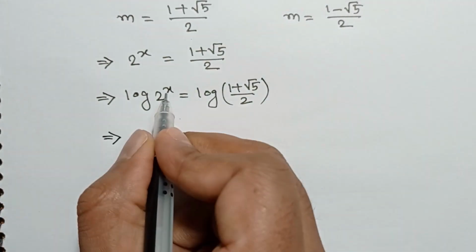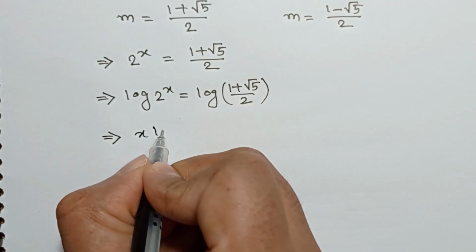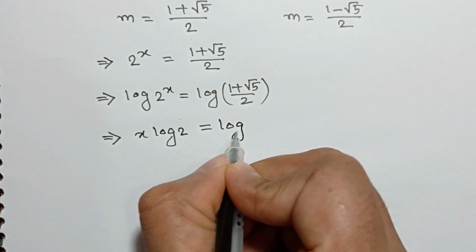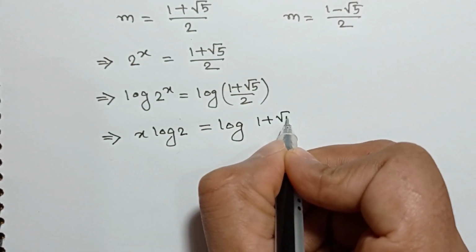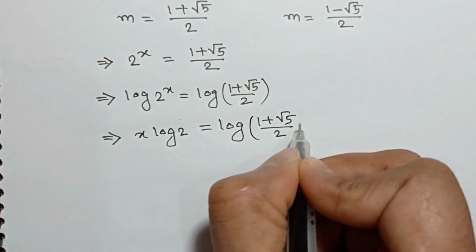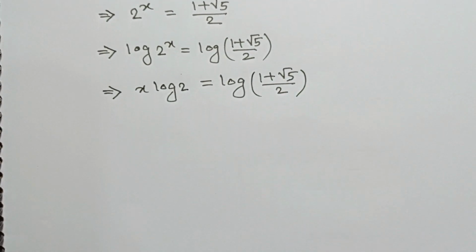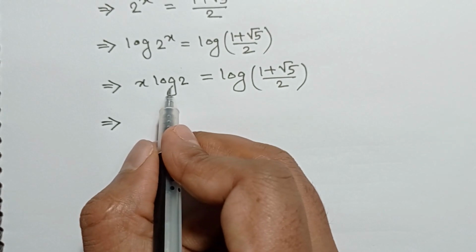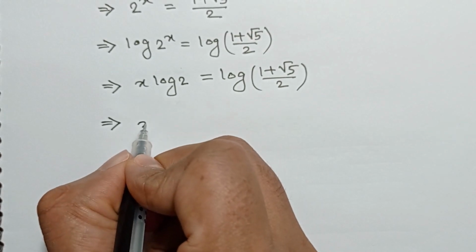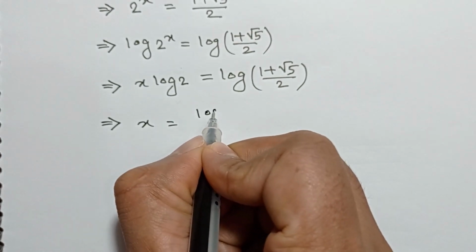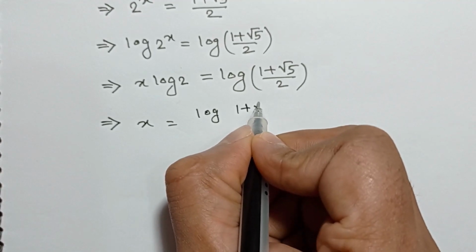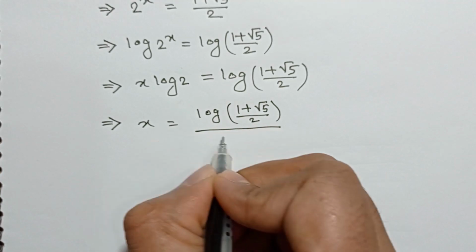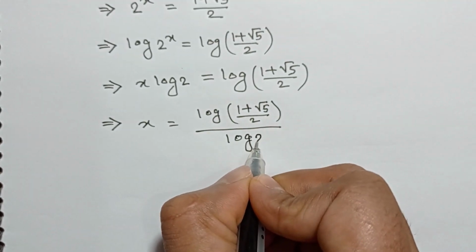This will be x log 2 is equal to log of 1 plus square root of 5 over 2, and dividing both sides by log 2 we will get x is equal to log of 1 plus square root of 5 over 2 divided by log 2.